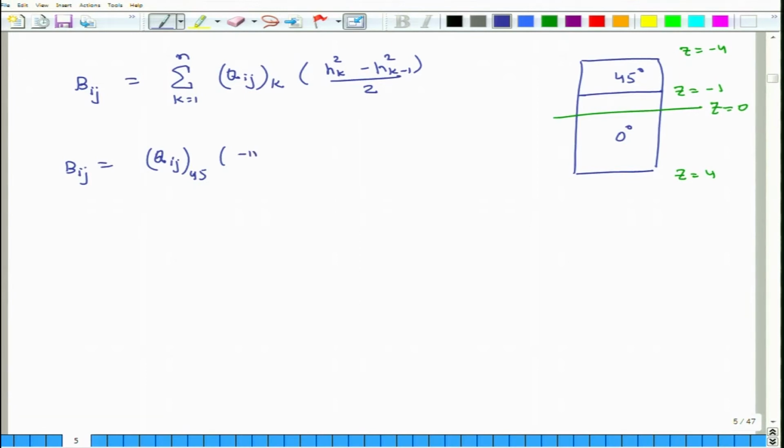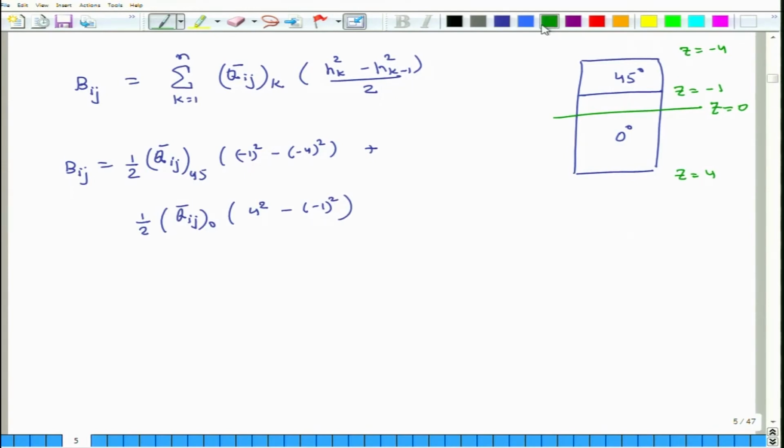So, it is minus 1 square minus 4 square, into 1 by 2, plus 1 by 2 Qij bar for the 0-degree layer, and for the 0-degree layer it is 4 square minus 1 square.